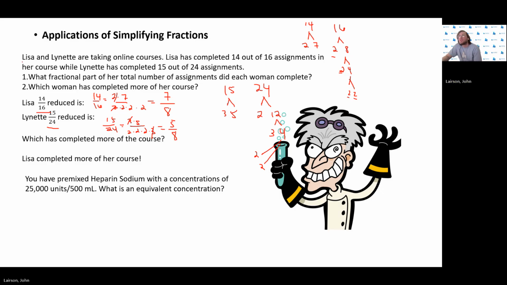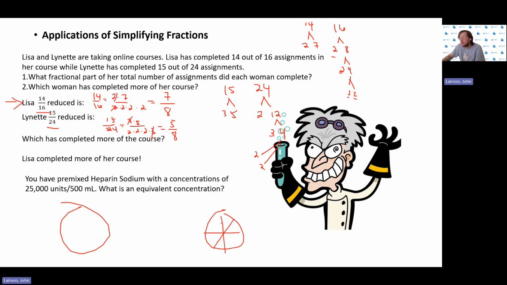So Lisa completed 7/8 of the course, and Lynette finished 5/8 of the course. Now that they have the same bottom, we just compare the tops, right? Lisa did more of those eighths, so she completed more of the course. I'm going to draw a couple circles here to represent what we have.